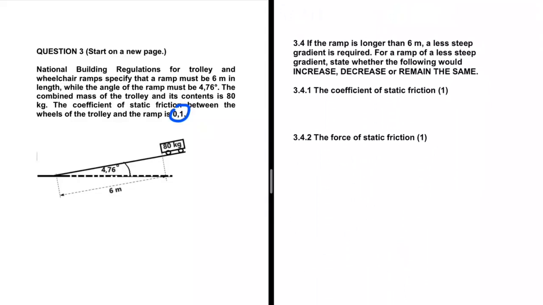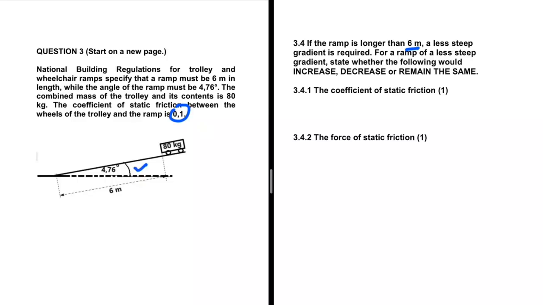If the ramp is longer than 6 meters, a less steep gradient is required. For a ramp of a less steep gradient, state whether the following would increase, decrease, or remain the same. If it is less steep, right, our angle, this 4.76, decreases if our ramp should be less steep.